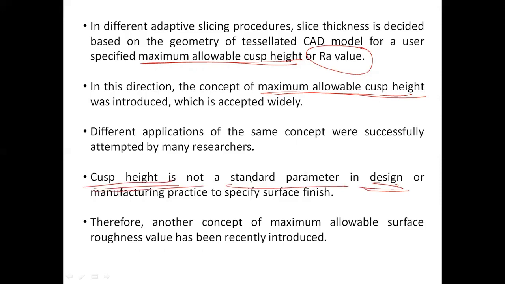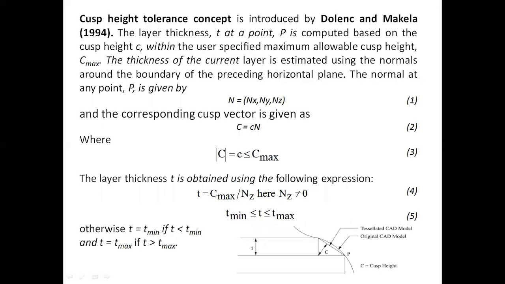It is a user defined parameter. Depending upon the edge profile that you have got, you have developed a facet, and with the help of that facet you have developed the concept. It is not a standard concept, but it is able to explain a lot of phenomena regarding surface roughness that happens during the processing. So you understand cusp height. This is where I am stopping right now.